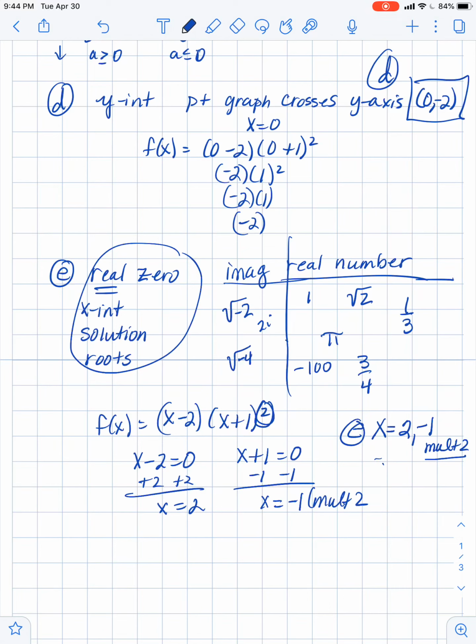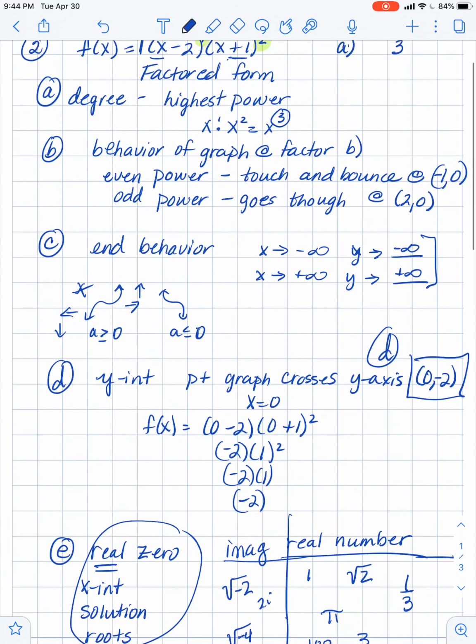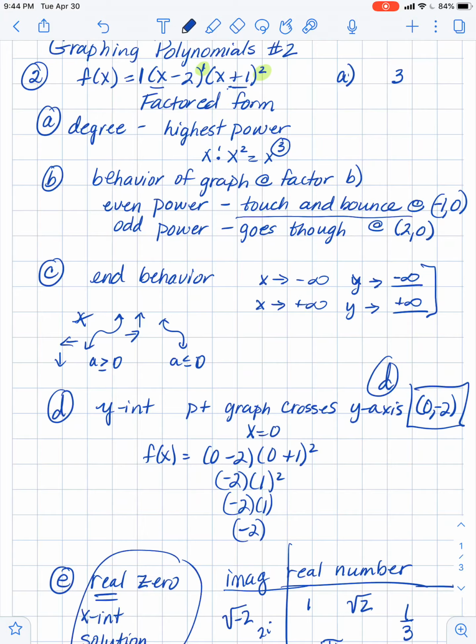Put it underneath the negative 1 so I know which one it goes to. When I tell you to state the multiplicity, I don't mean for you to tell me negative 1, negative 1. I'm meaning you tell me which one is a multiple. And again, that is supposed to help reinforce this touch and bounce.